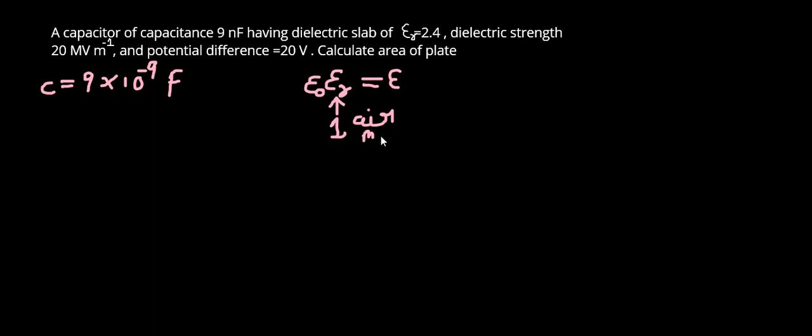So this value is 1 for an air medium, and epsilon naught is a constant value. You must memorize this value, or otherwise you will be given it in the question paper itself. But it is very important, you need to memorize it as per the physics. So this is 8.85 into 10 power minus 12.